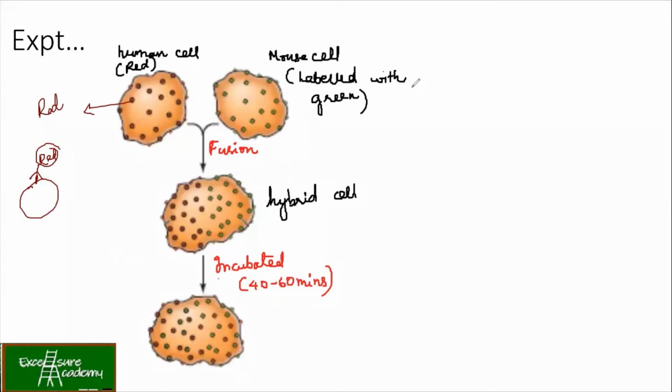Similarly here, in the case of your mouse, we have got the mouse cell, mouse-specific protein, raised antibodies. Now this has got the green fluorescence. So we have incubated the human cell with this antibody which is giving the red fluorescence.